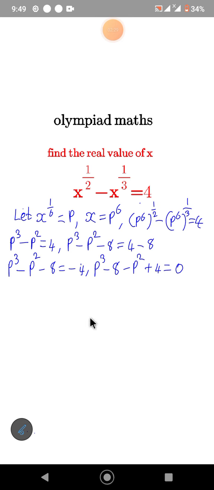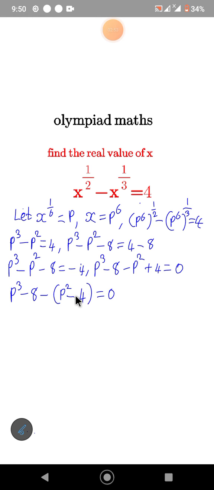Then I will say that p raised to the power of 3 minus 8, then this minus sign, I'll put it here, open a bracket and put p squared, then this is plus, so I'll put minus 4, everything equal to 0.